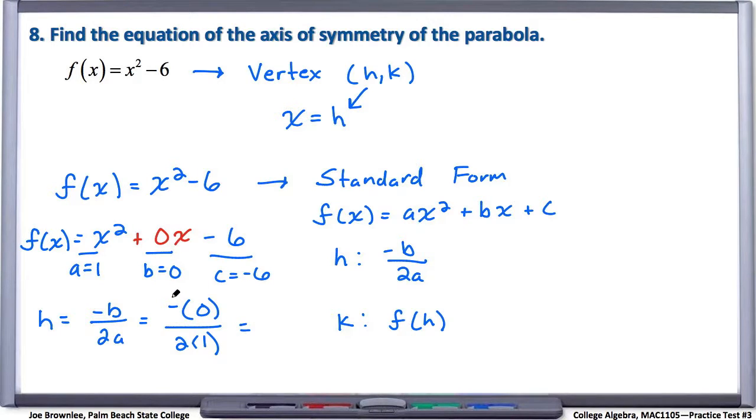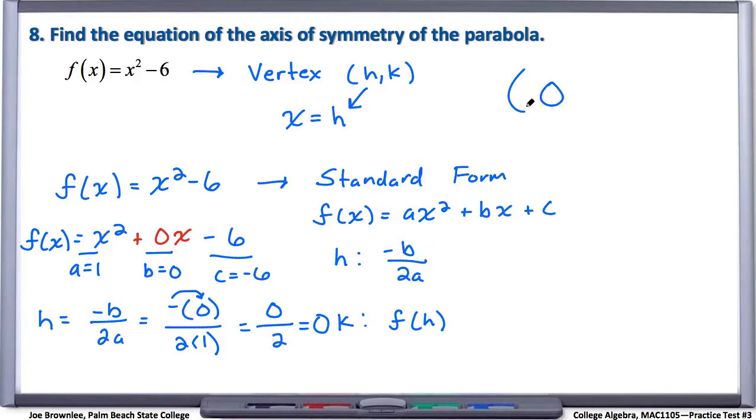When we distribute the negative through, negative times 0 is just 0. So we have 0 on top over 2 times 1, which is 2. 0 divided by anything is just 0. So our h value for the vertex is 0.